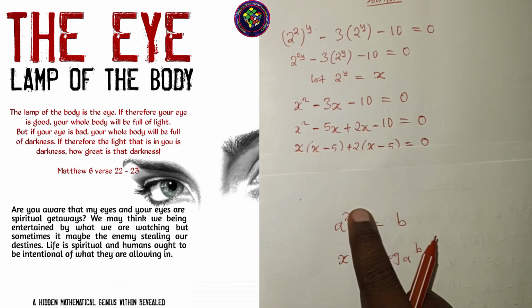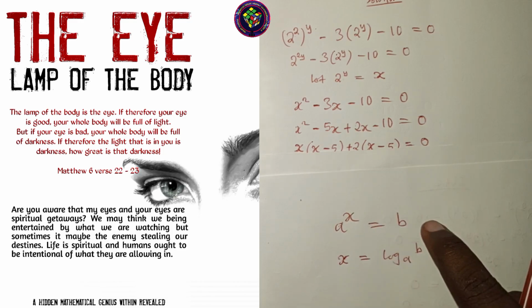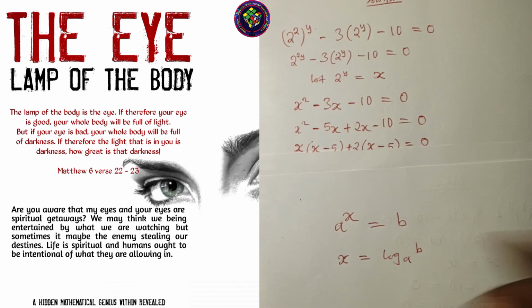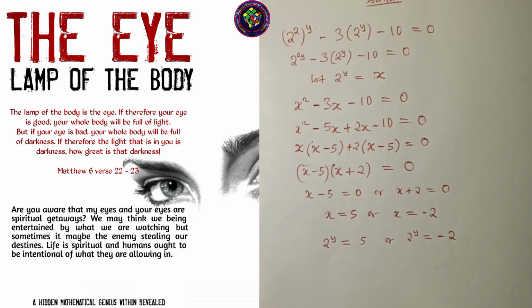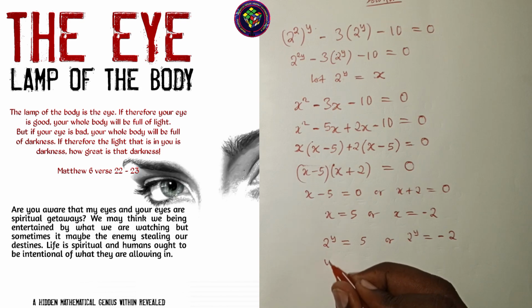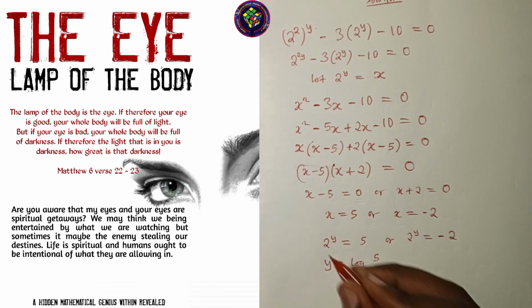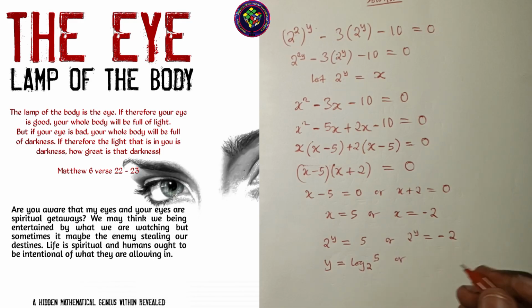Okay, so this power is equal to the log of this base of that. Okay, so to solve for y here, we'll say it's y is equal to log of 5 base 2, or y is equal to log of negative 2 base 2.